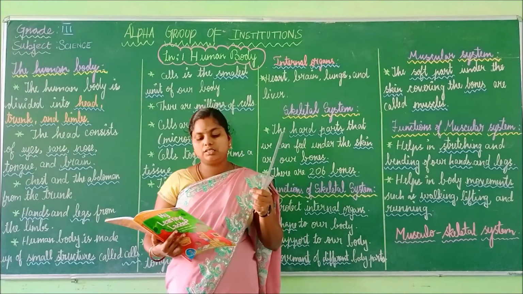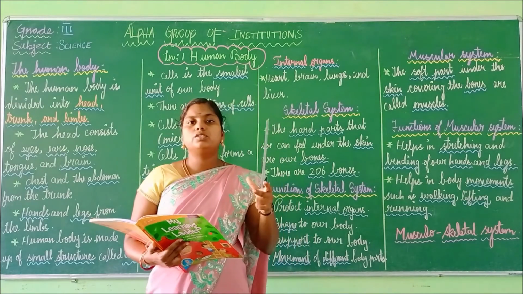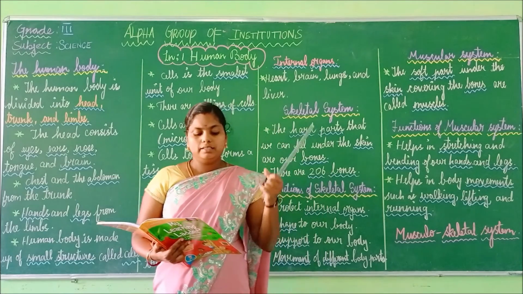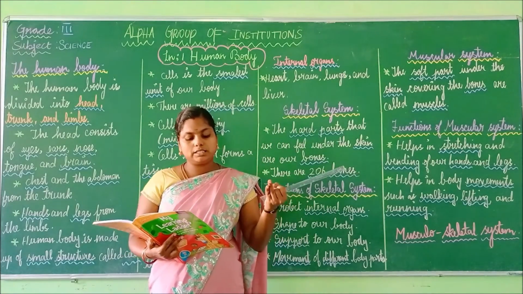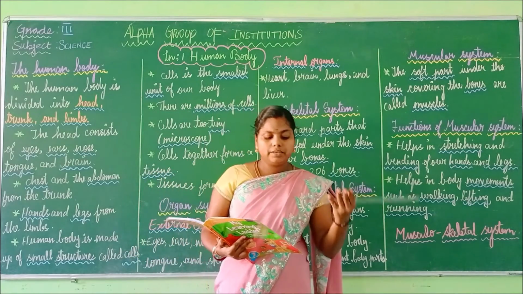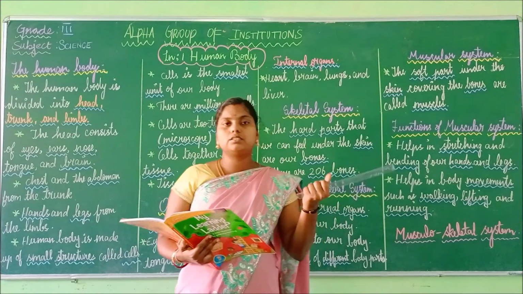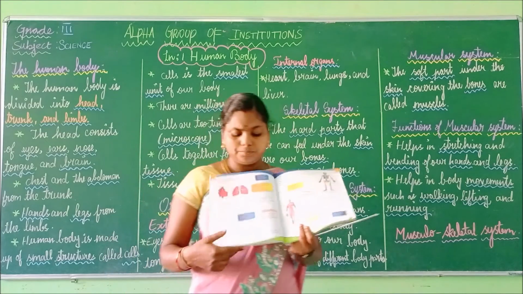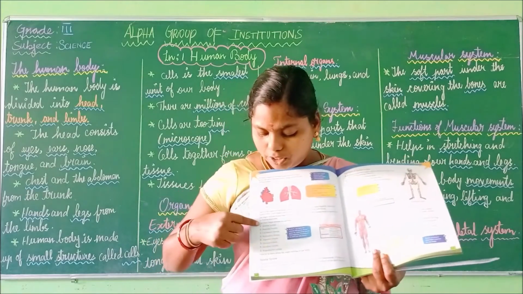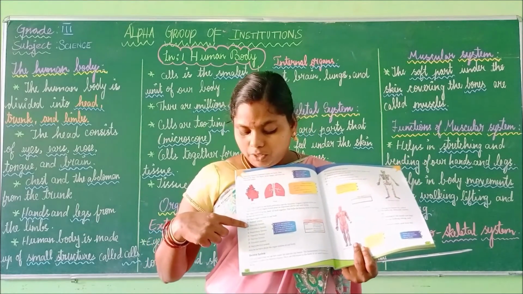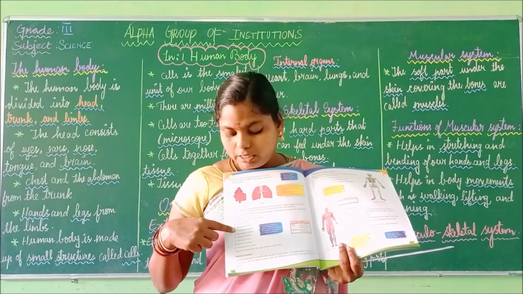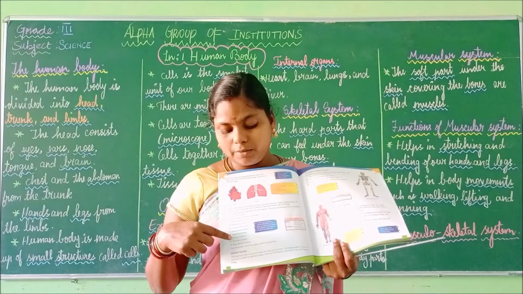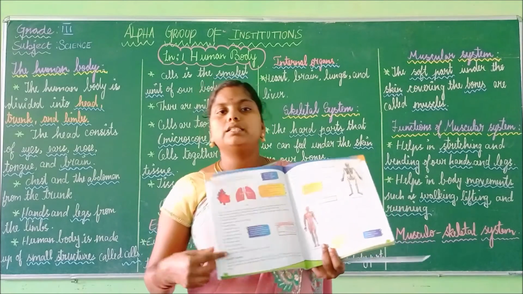various functions. Now children, we are going to see the main organ systems of our body. They are the skeletal system, muscular system, circulatory system, respiratory system, digestive system, nervous system, excretory system and reproductive system.